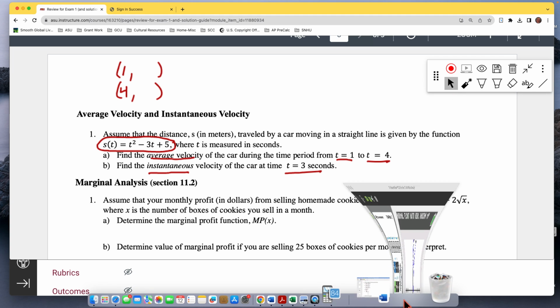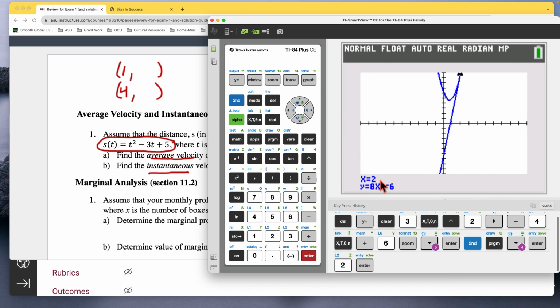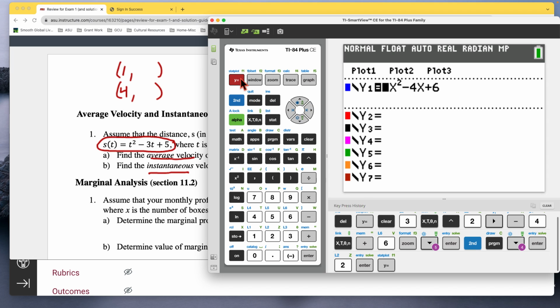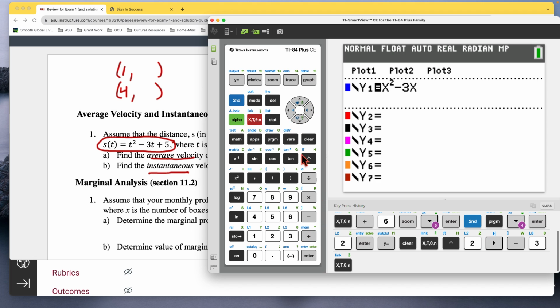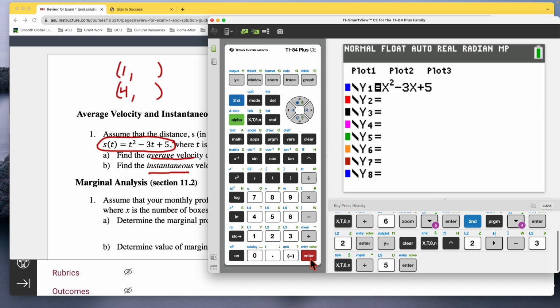come to our calculator. Let's see, good, that's showing. I'm going to clear this out, and instead of t, I'll use x squared minus 3x plus 5. And I'm doing this for 2 reasons. It'll ease it up, and then I'm also going to show you one more new little feature.